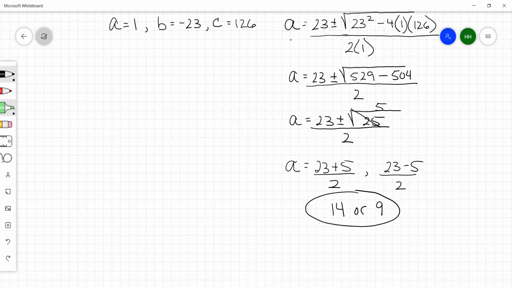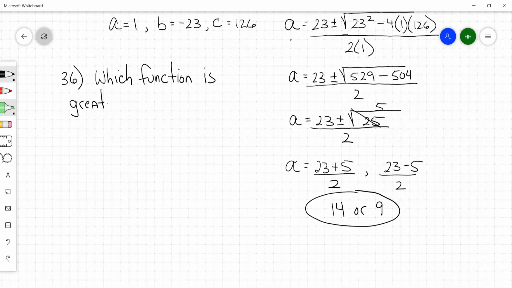Next question was in regards to number 36. On 36, you were asked which function is greater at x equals 5.